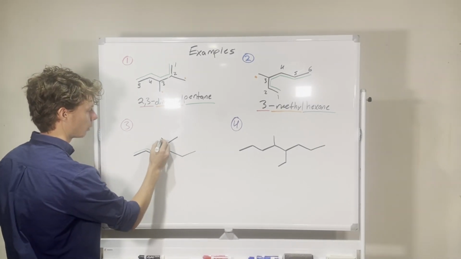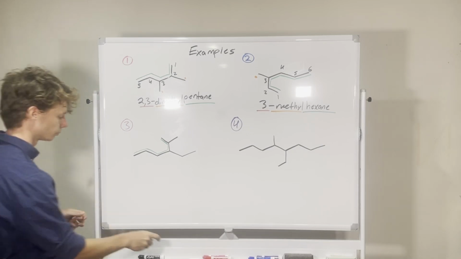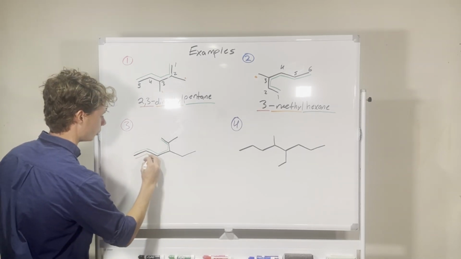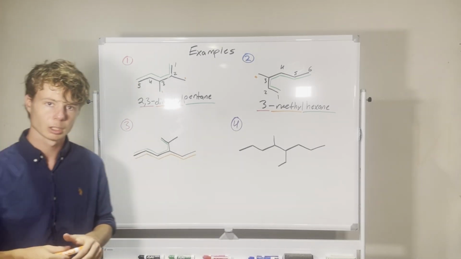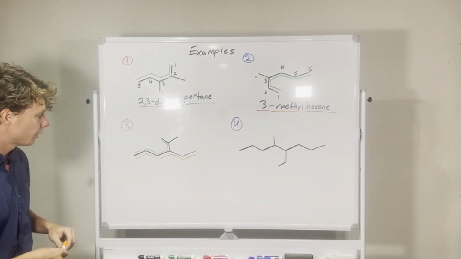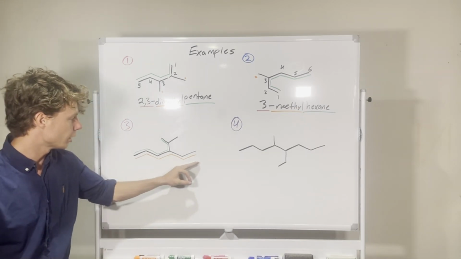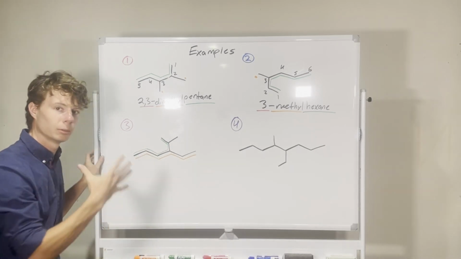And again, it doesn't matter which methyl group I pick at this point because they're the exact same. Or I could choose the orange chain. 1, 2, 3, 4, 5, 6. They're both 6 carbons long. The only way that they differ is notice that my orange chain here would have one large substituent, this isopropyl group.